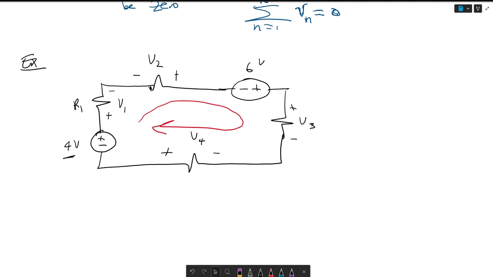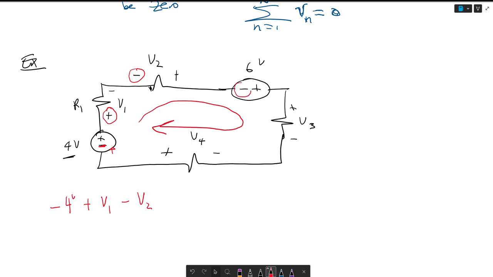The way I do it, and most people do it, is if the current is coming in this negative sign here at 4 volts, I put a minus 4 volts. If the current is coming in at this plus sign here for the resistor, I put a plus V1. Here it's coming in the minus terminal for V2, so I put a minus V2.